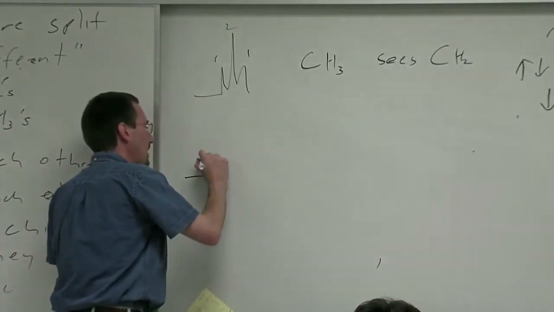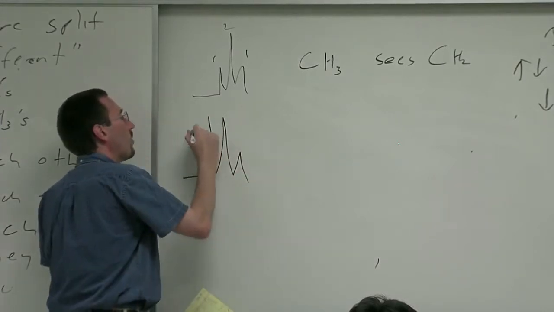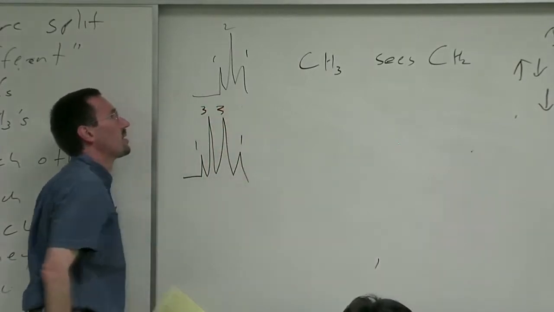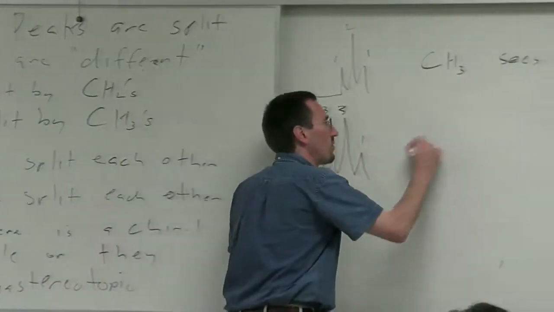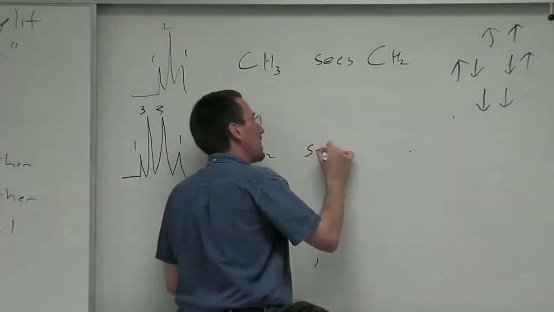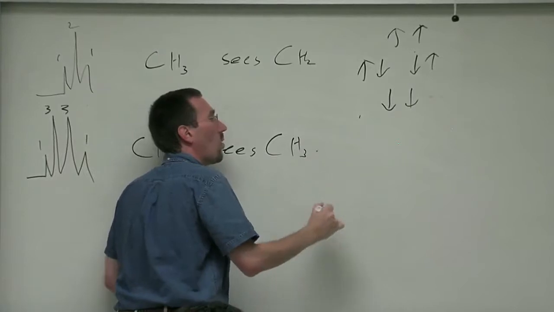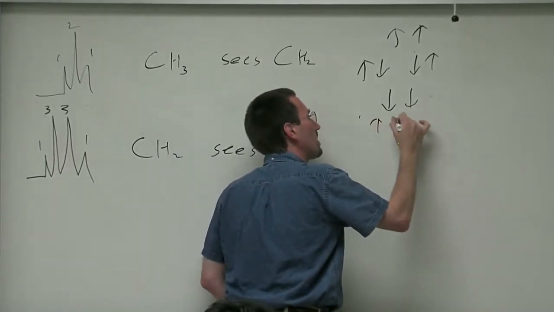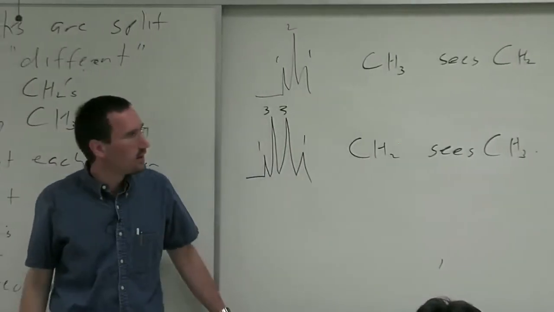For our quartet, we have a 1 to 3 to 3 to 1 ratio. The quartet, of course, comes from the CH2. The CH2 sees the CH3. And all of the protons can be spin up. In some of the molecules they are.